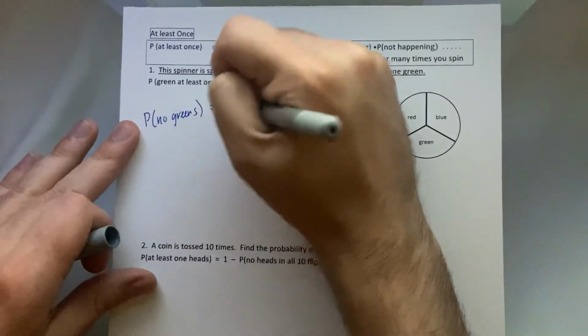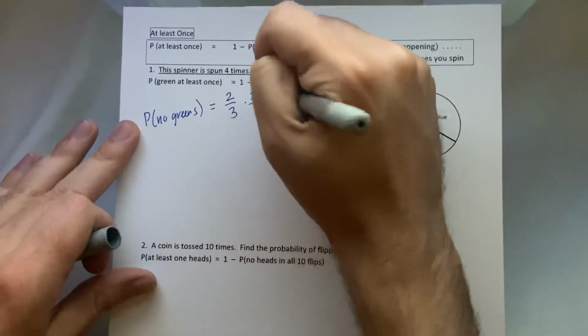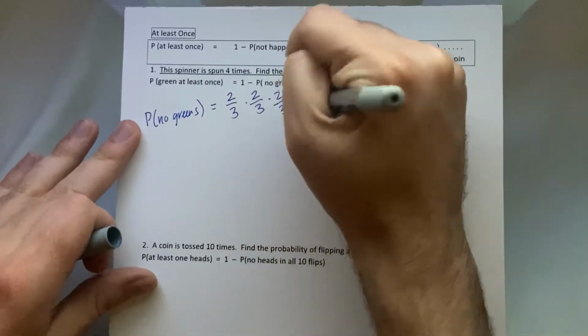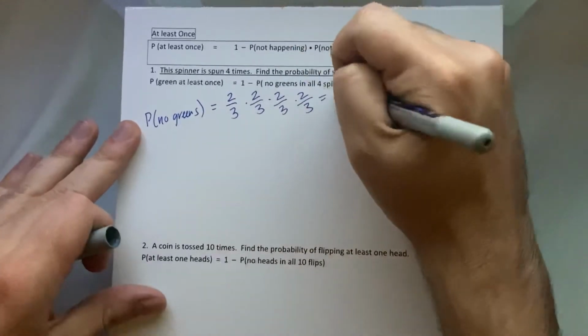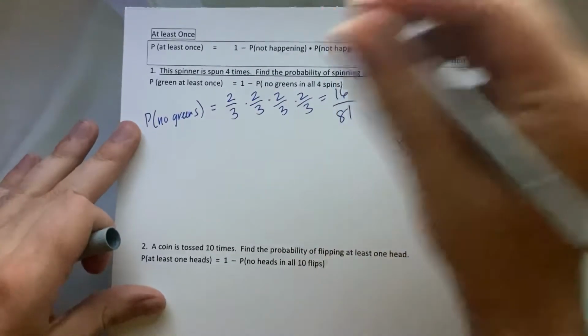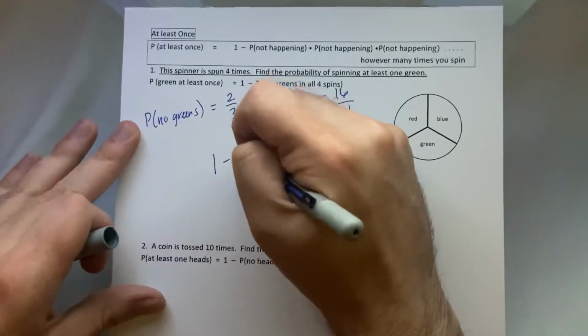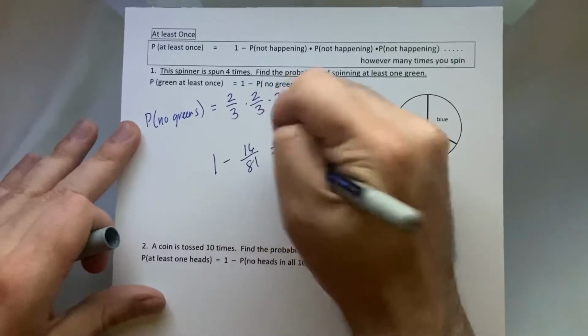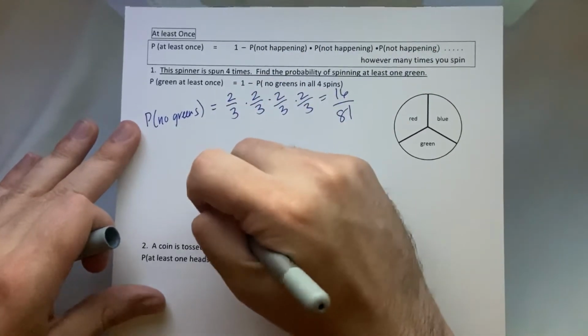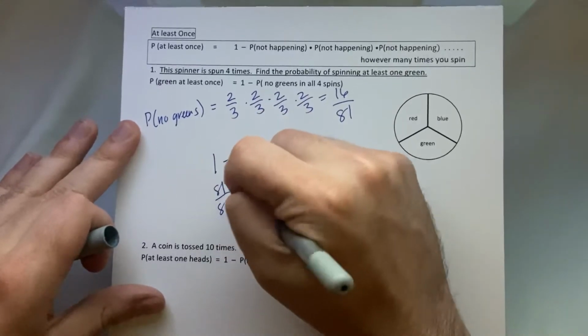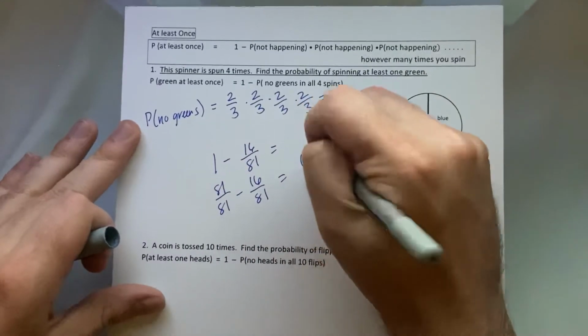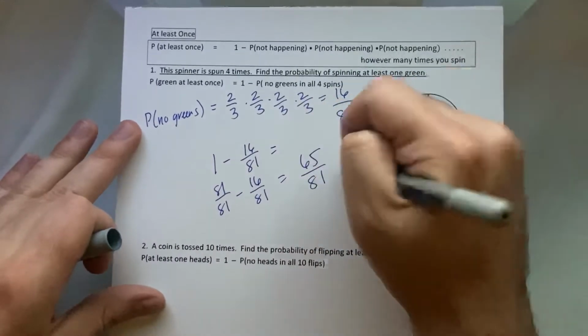It's 2 out of 3 times 2 out of 3, 4 times, which is 16 out of 81. So we take 1 minus 16 out of 81. That's 81 out of 81 minus 16 out of 81, which is 65 out of 81.